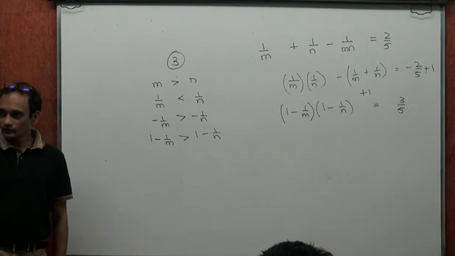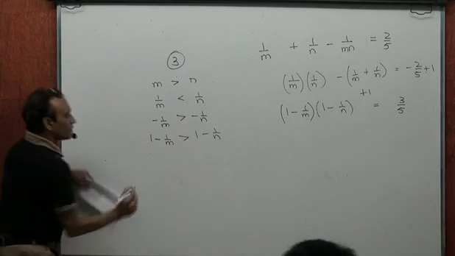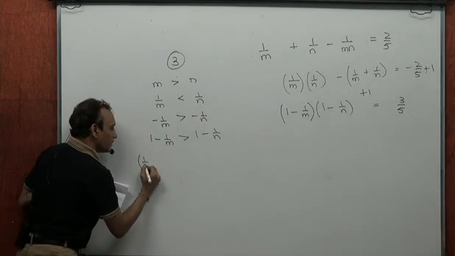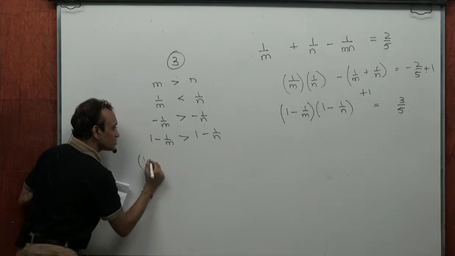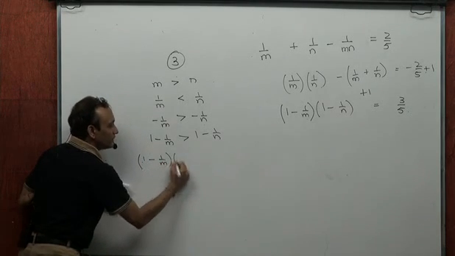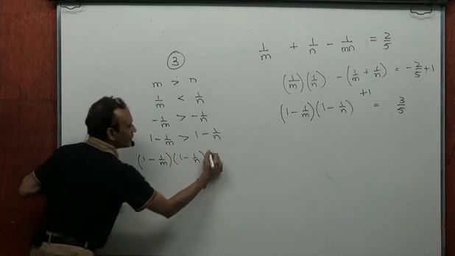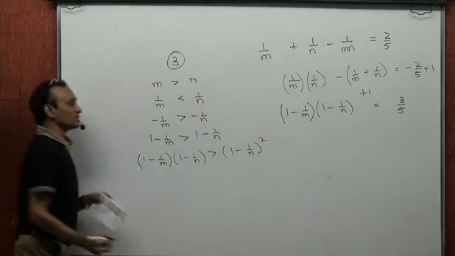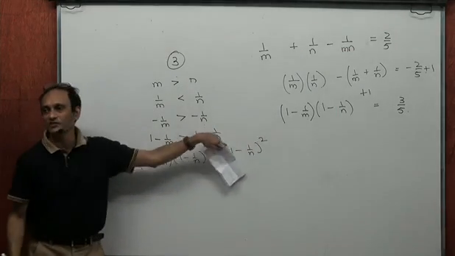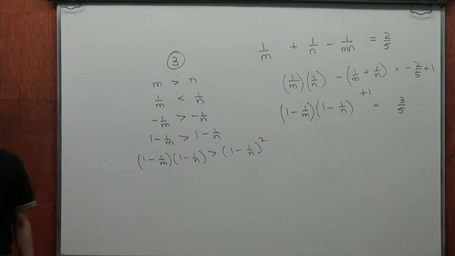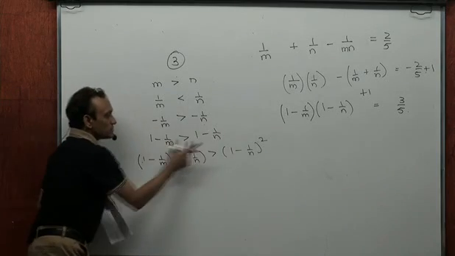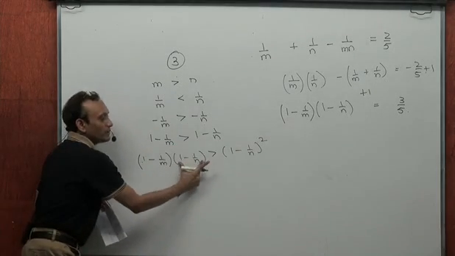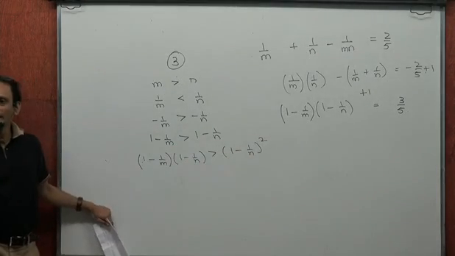Right? Now, multiplying by 1 minus 1 by n on both sides, 1 minus 1 by m into 1 minus 1 by n will be greater than 1 minus 1 by n whole squared. Can I say this? This was given. I multiply both sides by 1 minus 1 by n. Do I get this?